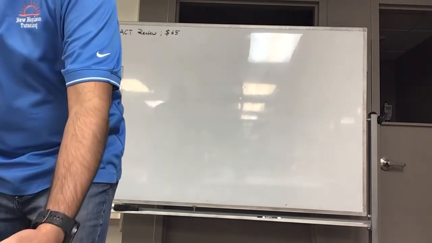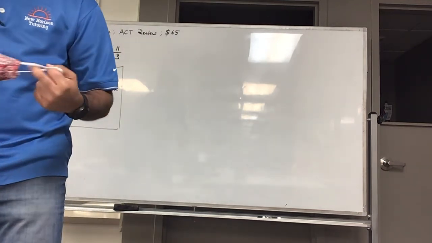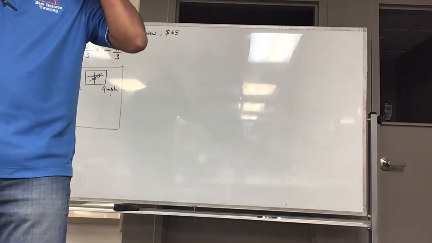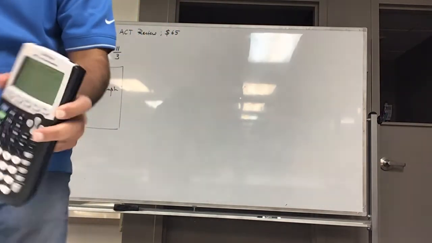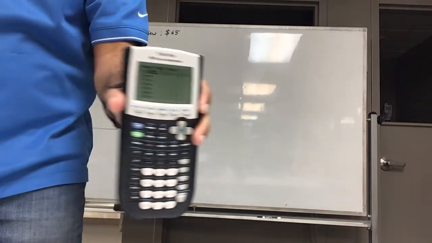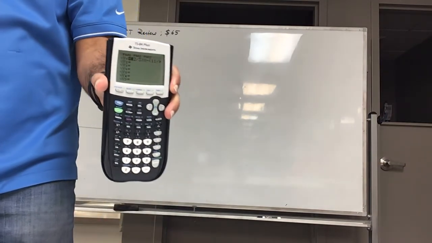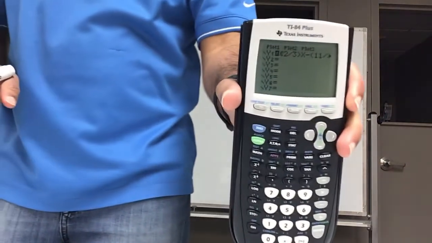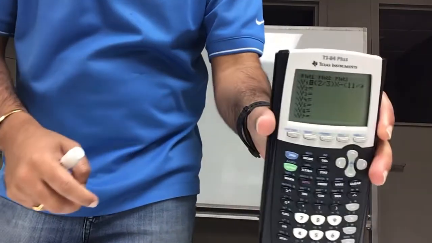Okay. Would you repeat the steps for the calculator again, please? Sure. First step is to be here. Y is equal to. And you have to type like this.